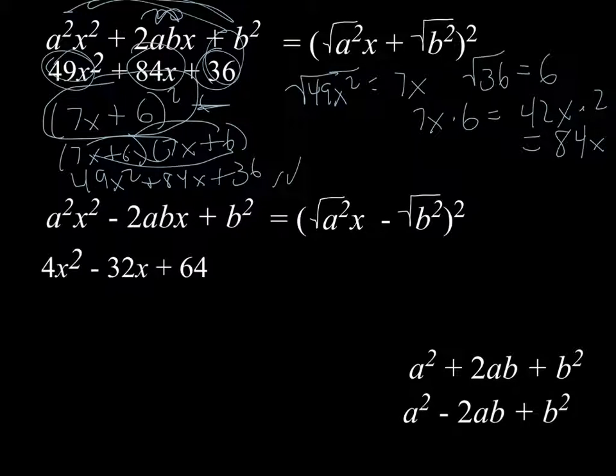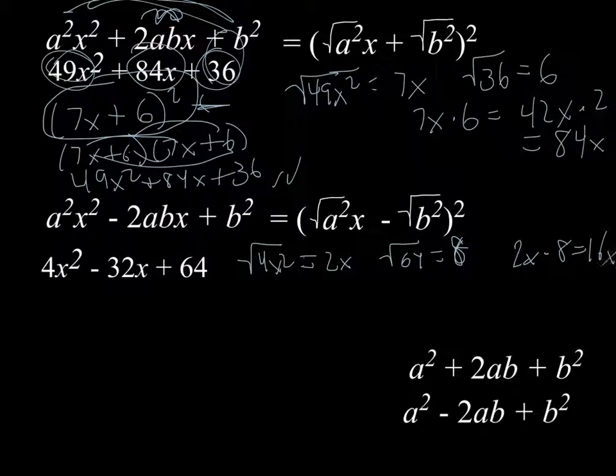So looking at this one, first we need to check to see whether it is. If I do the square root of 4x squared, I get 2x, so it is a perfect square. If I do the square root of 64, I get 8. It too is a perfect square. 2x times 8 is 16x.